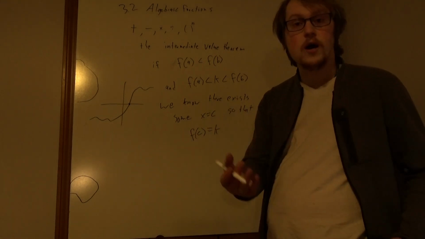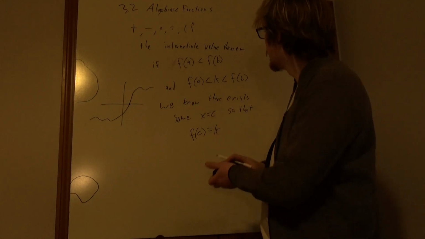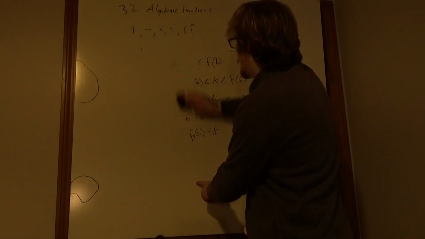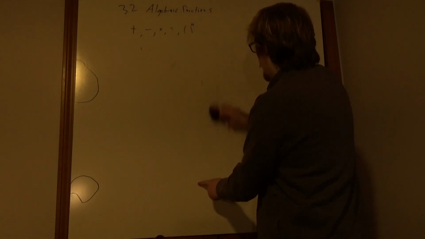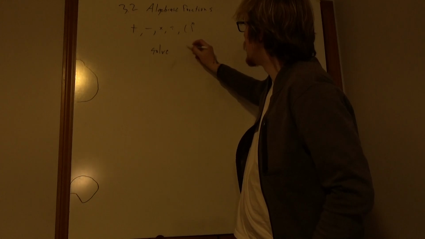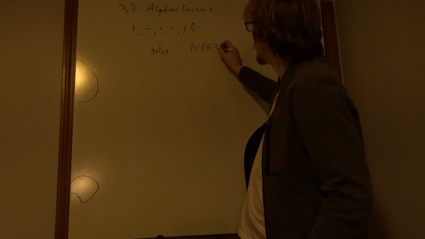This is useful for us because we used this when looking for like solving. I'm going to erase this. We did this every time we said solve absolute value of x minus 1 is less than or equal to 2, right?